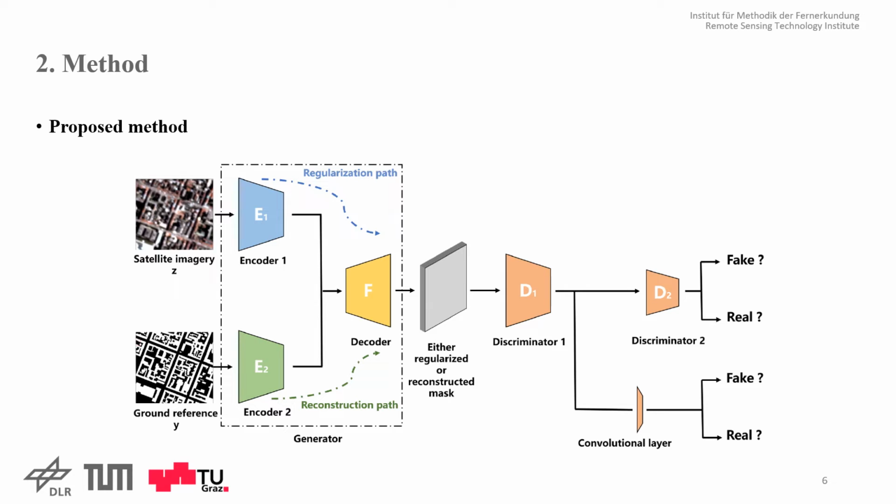The former takes the satellite imagery as the input and produces the regularized building footprint masks from the encoder E1 and the decoder F. At the same time, the latter encodes and decodes the ideal input mask by the encoder E2 and decoder F, ensuring to have the same real-valued masks at the input to the discriminator.